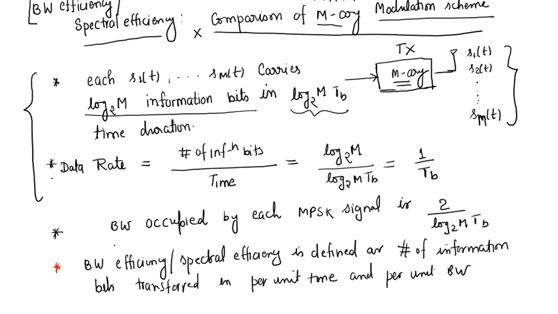Therefore the data rate, the rate at which we are transmitting data to the channel, is number of information bits divided by time. Since we are transmitting log2 M bits and the time taken is log2 M Tb seconds, the data rate which we are transmitting to the channel is 1 by Tb bits per second.